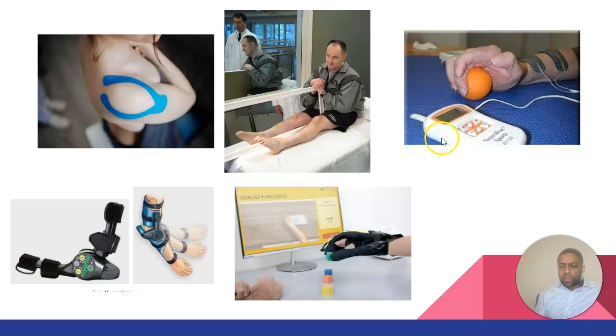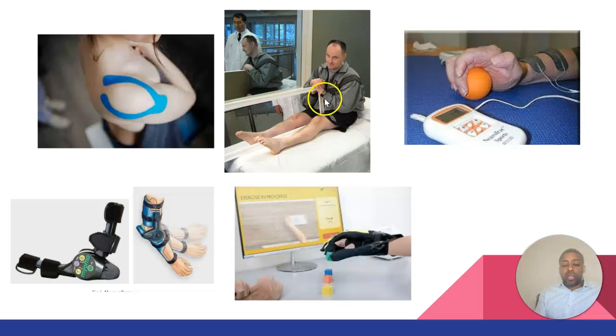All right, so some tools. This is taping, shoulder taping, either kinesio tape or rock tape. These are elbow braces. The one picture that you see with the guy with the mirror, that's mirror therapy.